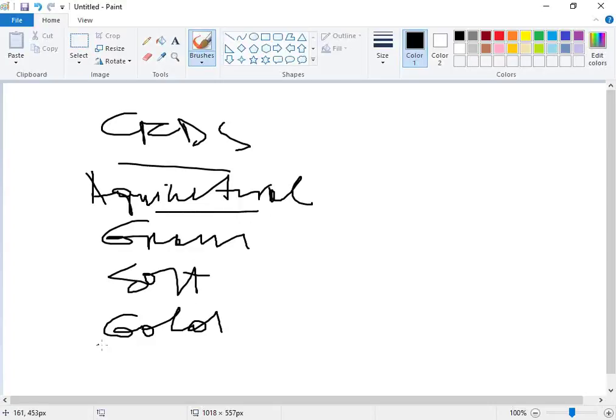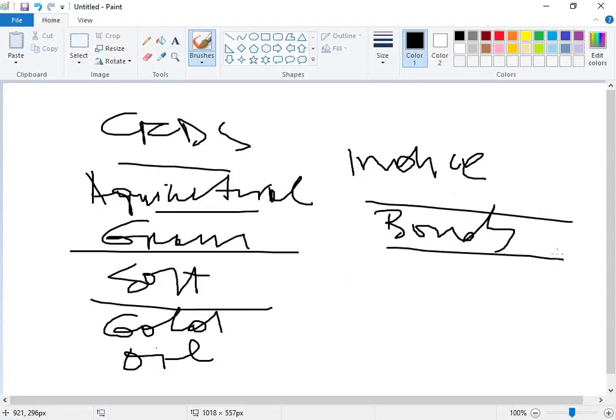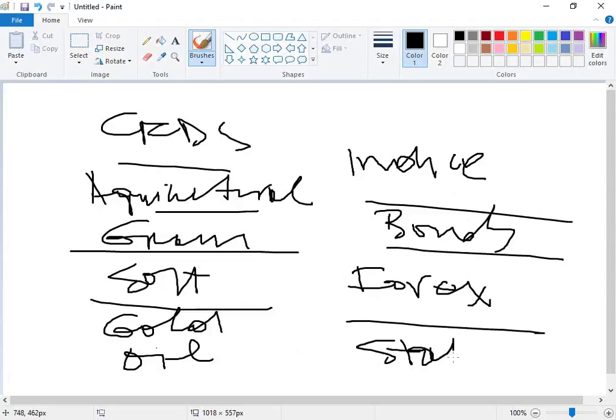You can trade your energies like oil and crude oil, Brent oil, and heating oil, and so on. You can trade all your index markets like the S&P, the Dow, the Nasdaq, and other indexes around the world. You can trade bonds, and you can also trade your foreign exchange market. And they also allow you to trade some stocks, okay, from around the world.